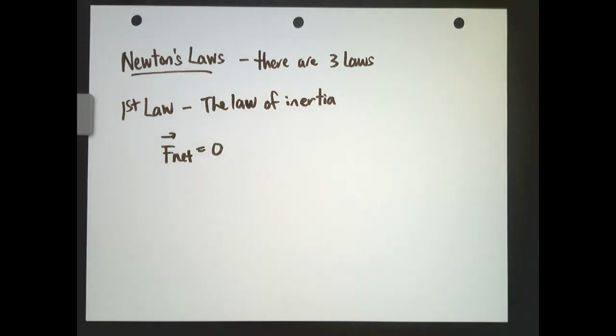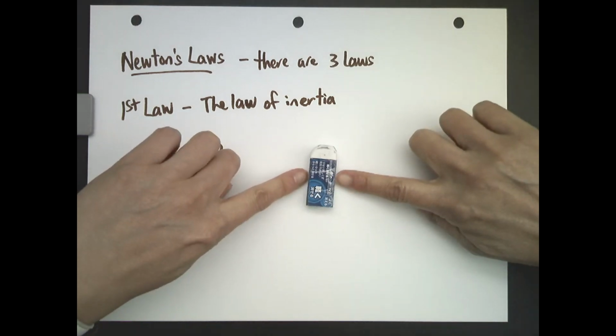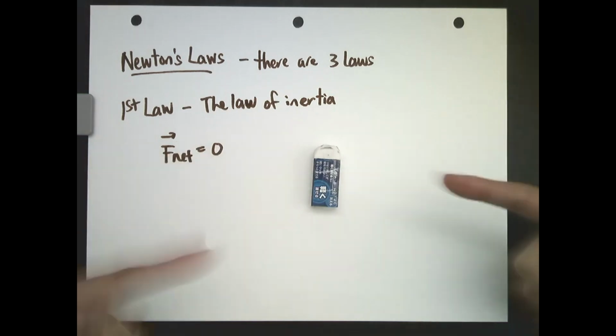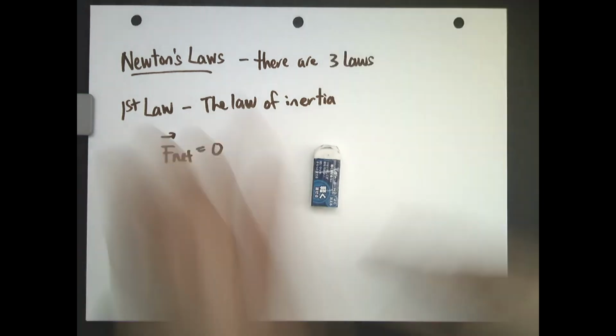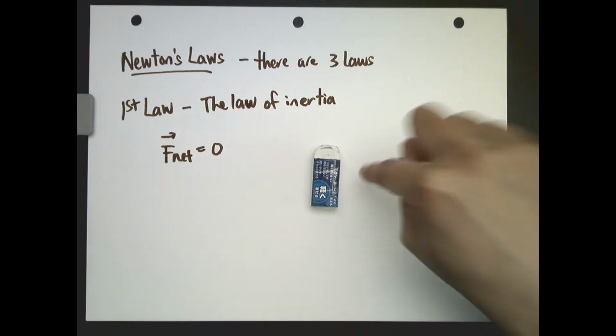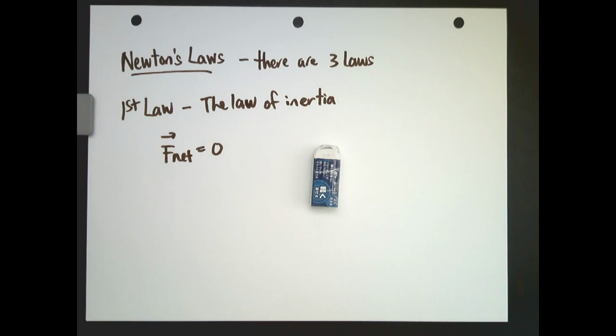So you can actually have an object like an eraser, and I have two forces and it's not moving because my fingers are pushing equally on either side. And then of course I could have other people pushing, and then also there's gravity pushing it down to the ground, and then the normal force pushing back up due to the table.